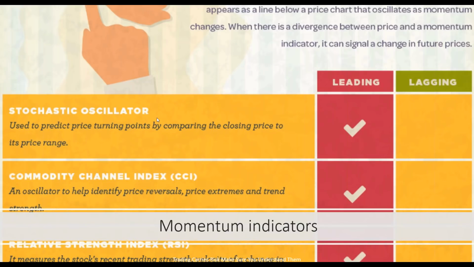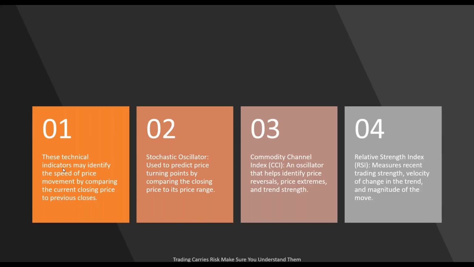So remember, we have momentum indicators. So in this case, we use relative strength index, RSI, which is a leading indicator. But we could have used stochastics or CCI. Okay, so these indicators that fall under momentum, these are technical indicators that may identify the speed of a price movement by comparing the current closing price with the previous.